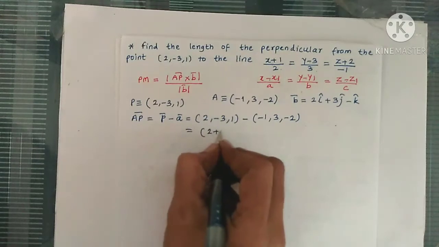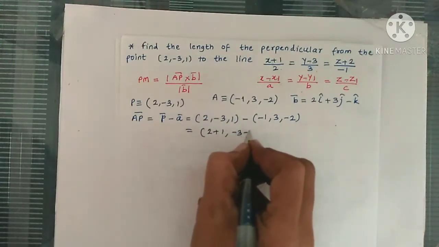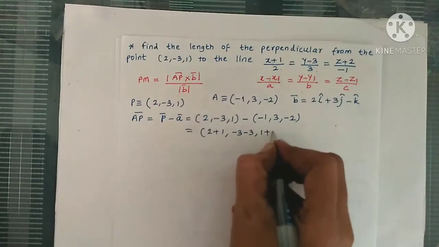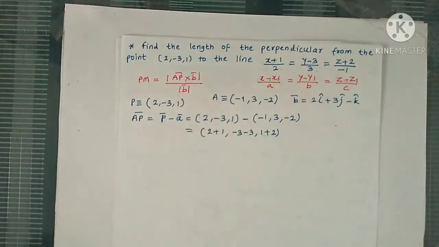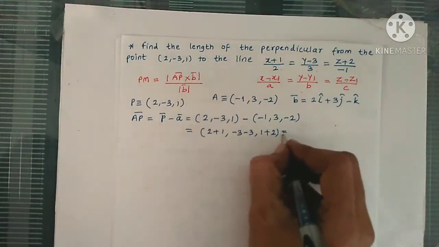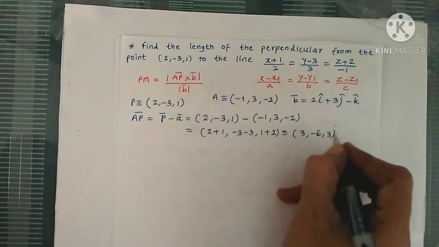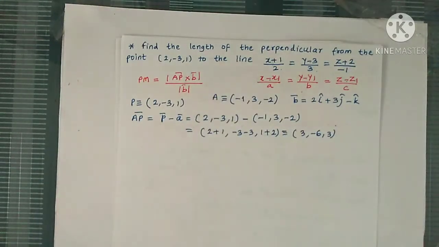So that is 2 plus 1, minus 3 minus 3, 1 minus minus 2, that is 1 plus 2. So that becomes 3, minus 6, 3. AP bar is 3i cap minus 6j cap plus 3k cap.